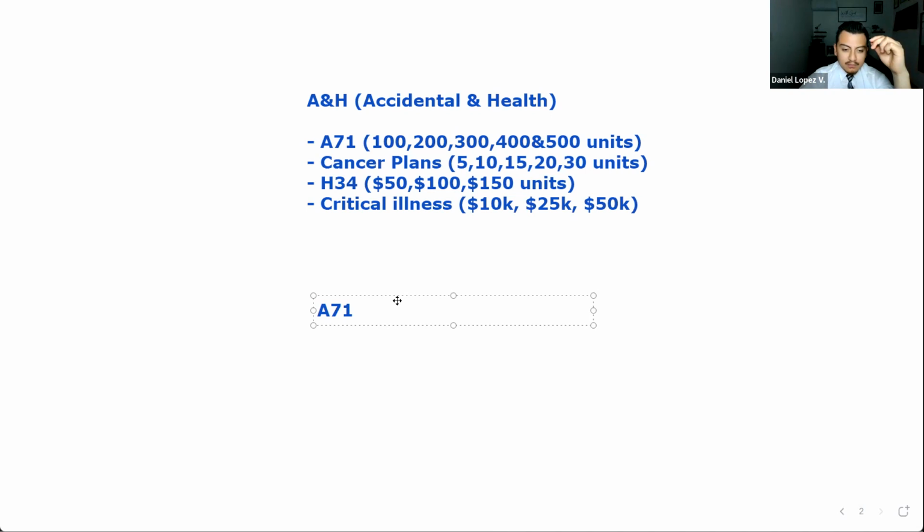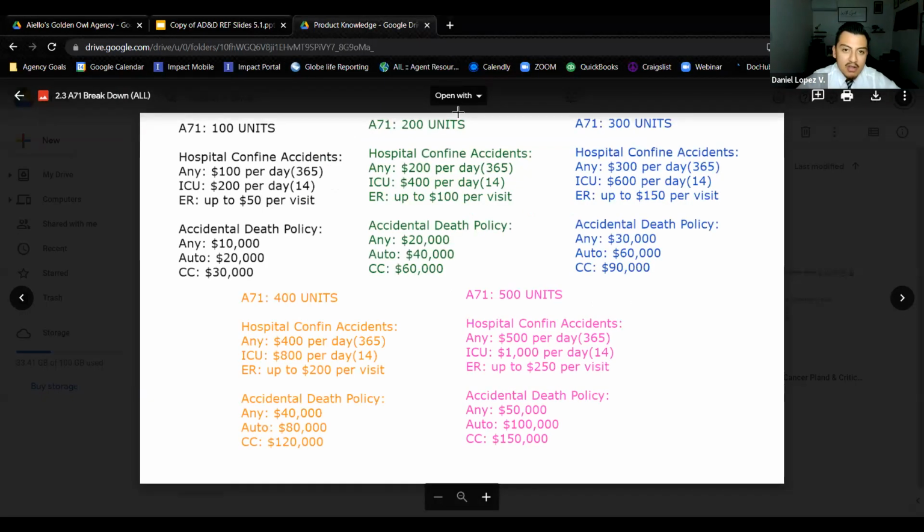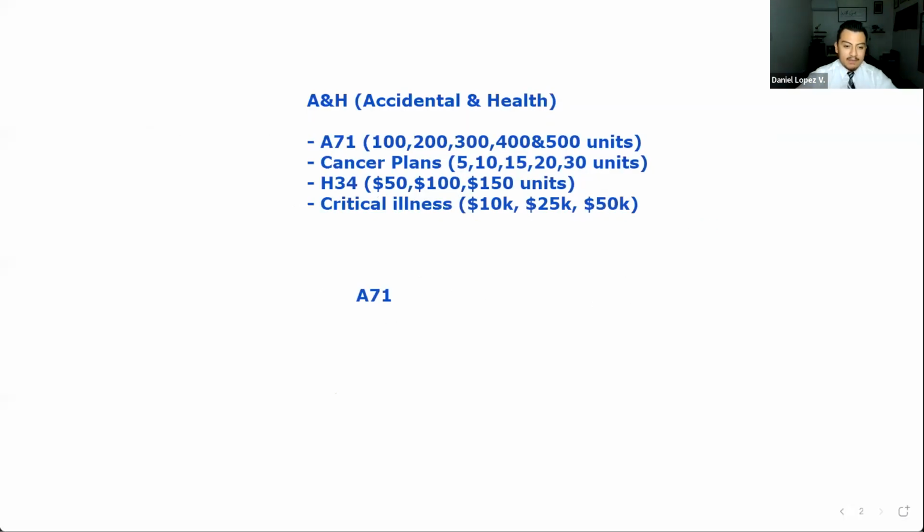So if someone, now the A71 does have a death benefit. Okay, we just went over that. The death benefit is dependent on the amount that they get. So let's run an example. Let's use John again. And Bill, you're up with this one. Okay. If John has 30,000 of whole life, wait, I should not use that.